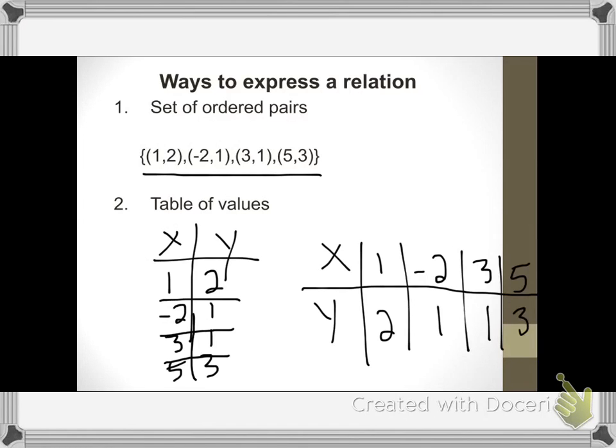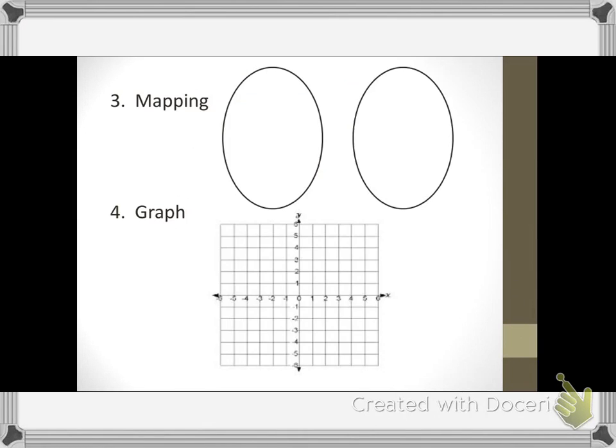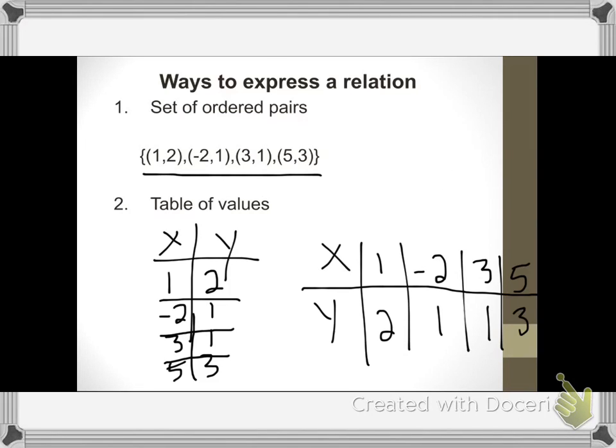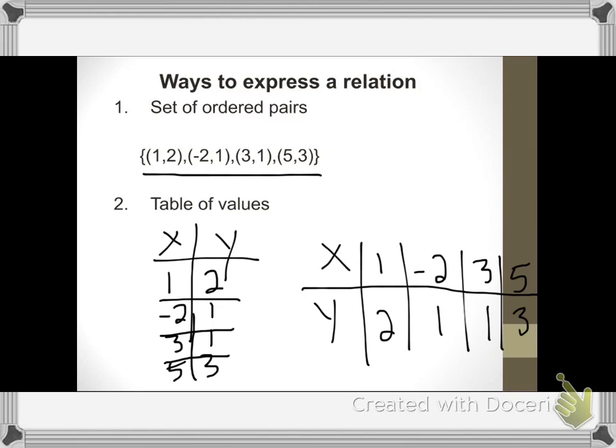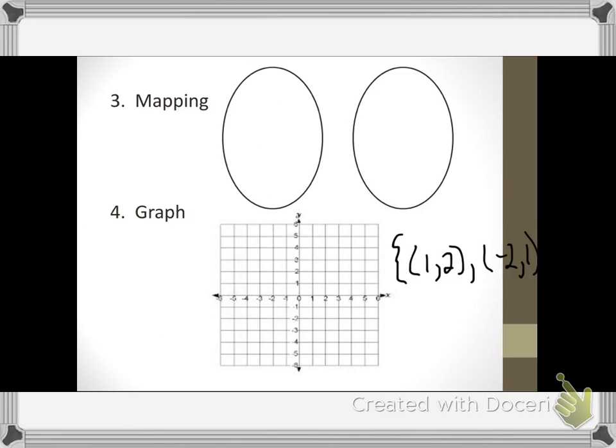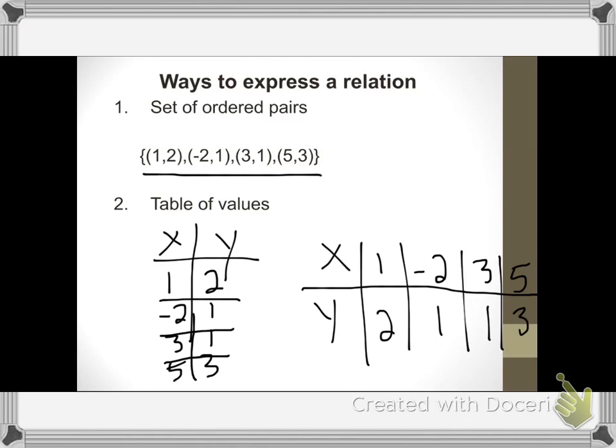The next way is using a mapping. Let me get my ordered pairs over here. 1, 2, negative 2, 1, 3, 1, and 5, 3.